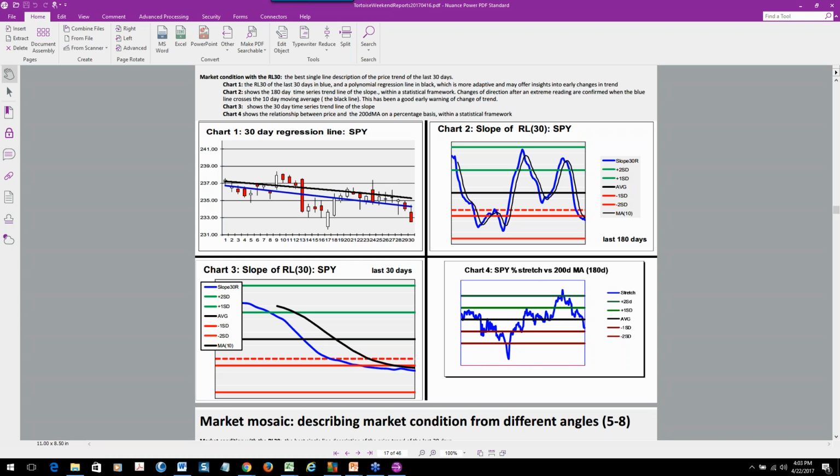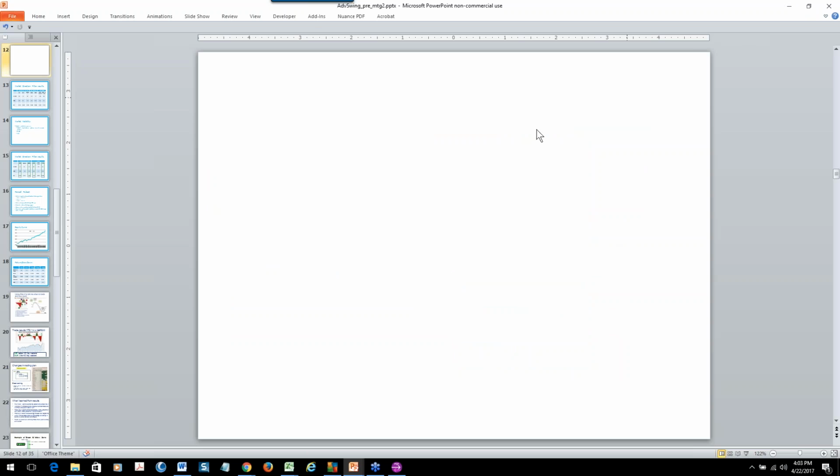Now this is very similar in concept to the RLCO crossover on the intraday and on the swing trade patterns, because really we're taking a look at the slope of those regression lines.